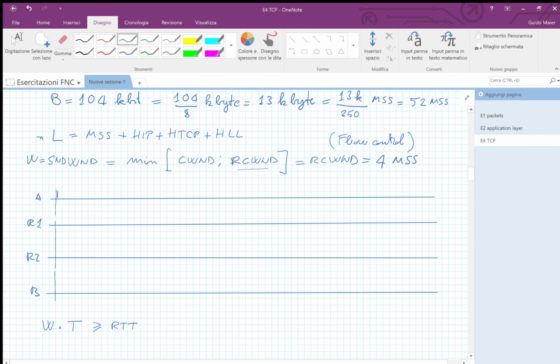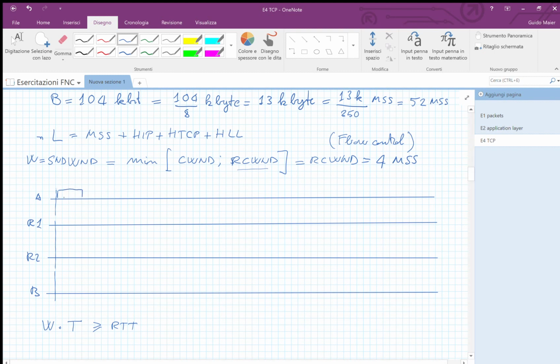So you know that in this case, when the first packet is sent, the acknowledgement on the first packet will arrive after 4 packets, so a full transmission window are sent. Okay. So in this case, we can start drawing this kind of picture.